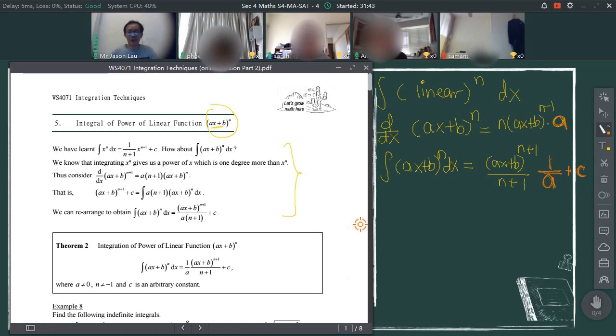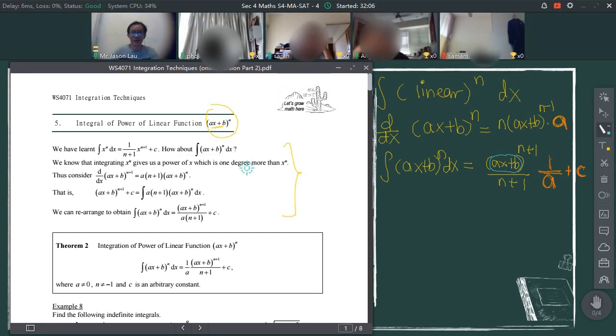So far, can understand this? You just do your normal integration with the power, then you must remember to take care of the linear function inside, which is like your chain rule, except that instead of times a, this little special chain rule is divided by a.